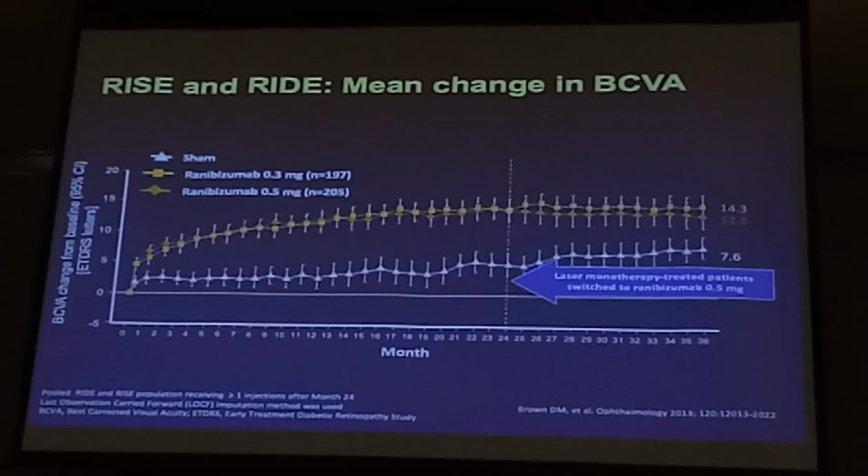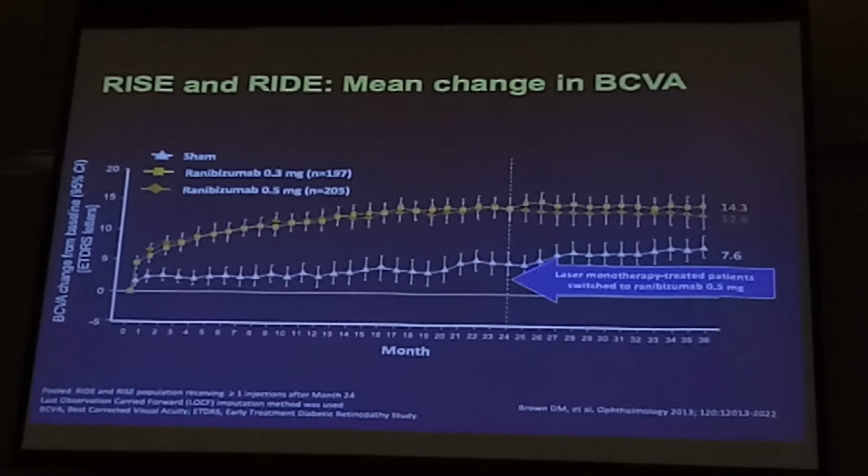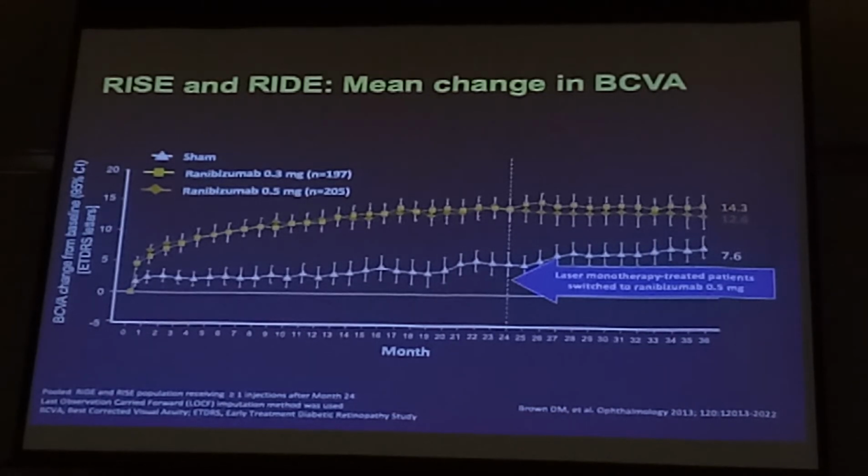This is ranibizumab. For the first time, we had an improvement in vision. All our previous trials with macular laser were about maintenance, avoidance of moderate visual loss. Correct? Anti-VEGF changed our paradigm and prognosis for center-involved DME compared to a sham.